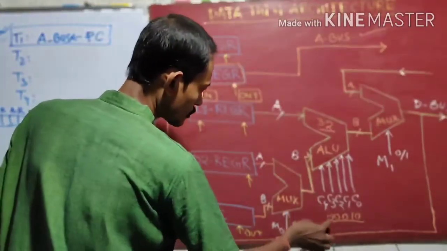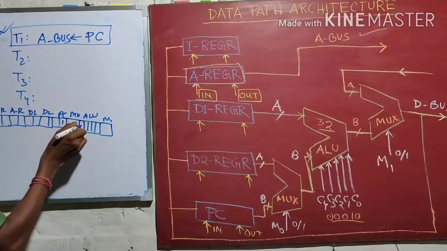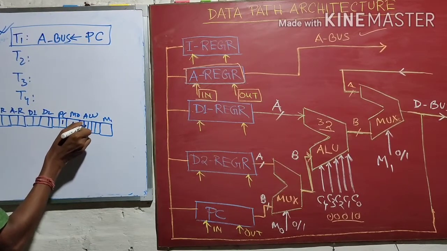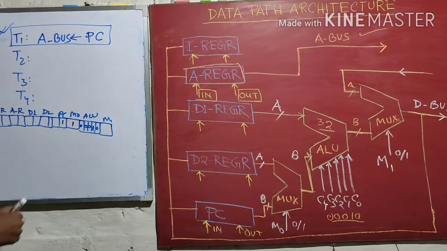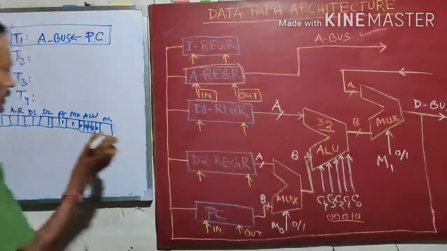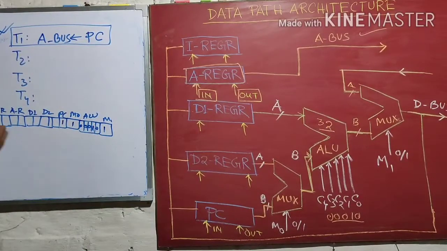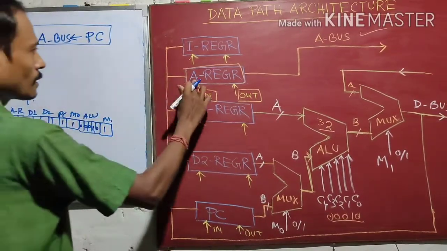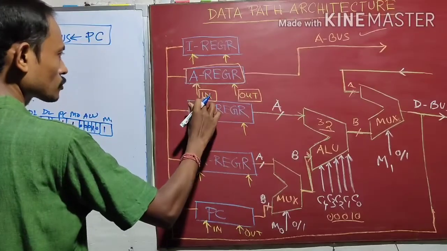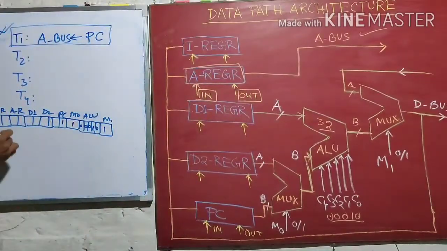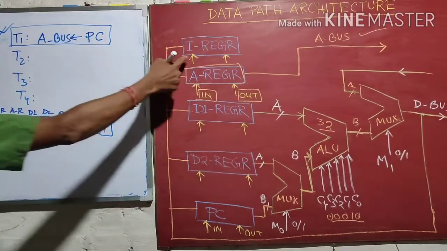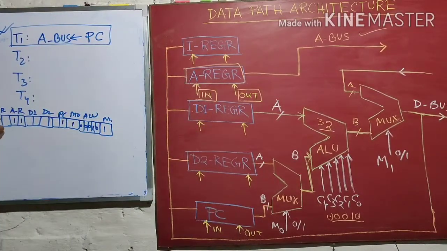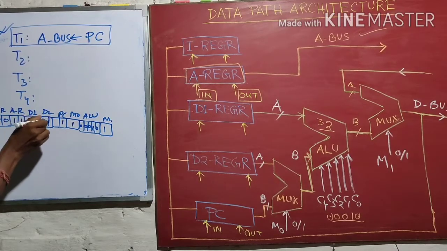Then the ALU signals will be 0 0 0 1 0, and M1 will be 1, and the remaining signals will be 0. And the address register, the in signal will be on and the out signal also will be on. All other remaining signals will be 0.